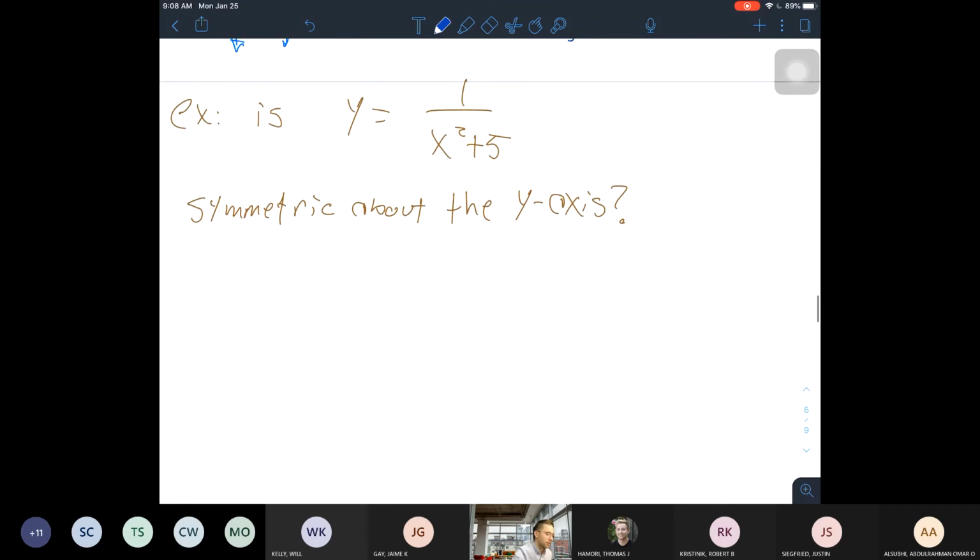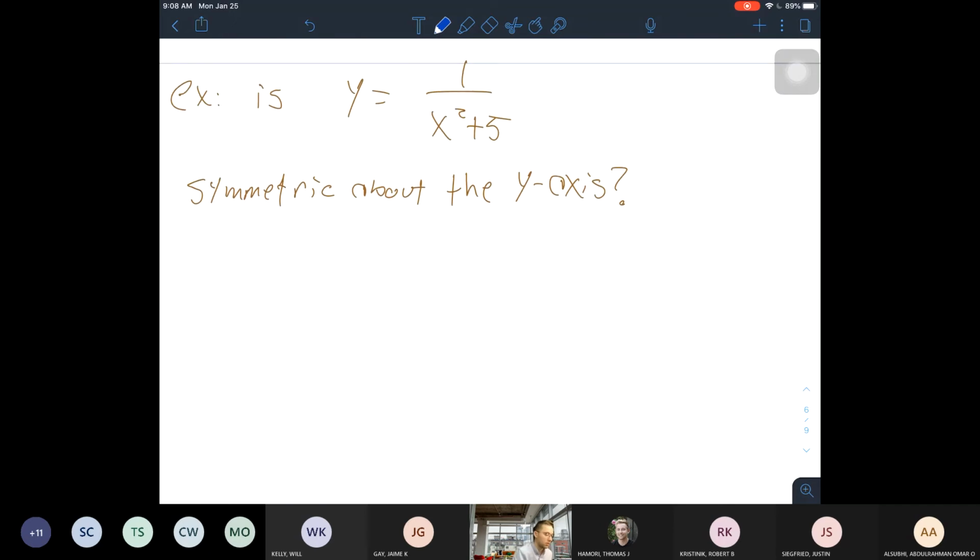Okay, so let's ask the following question. Is y equals 1 over x squared plus 5 symmetric about the y-axis?